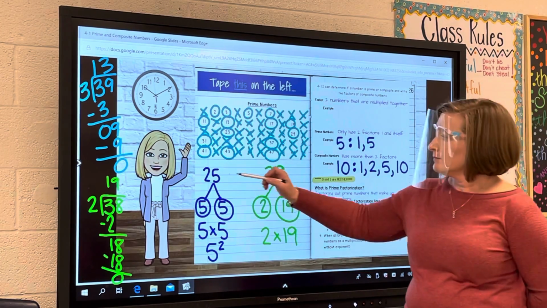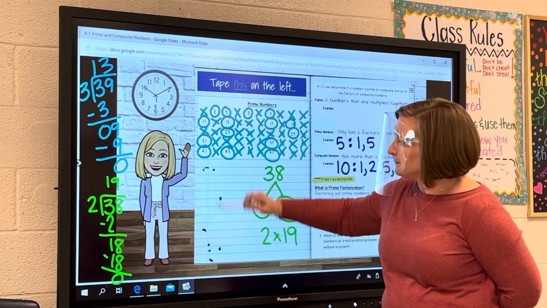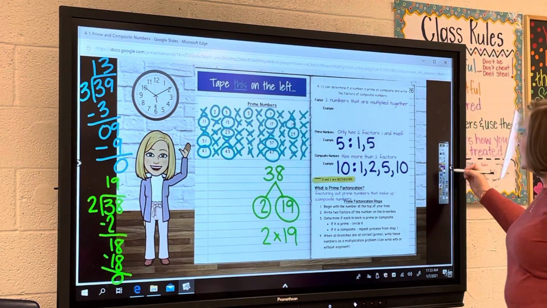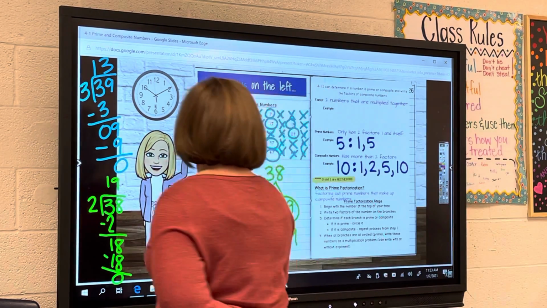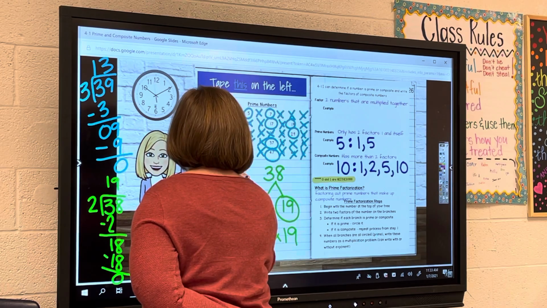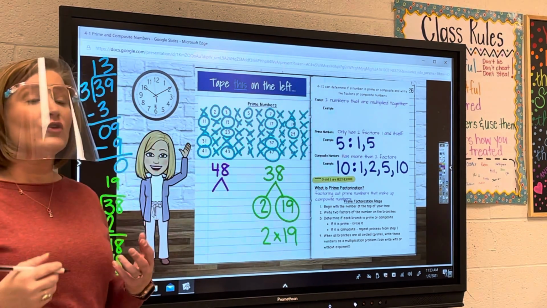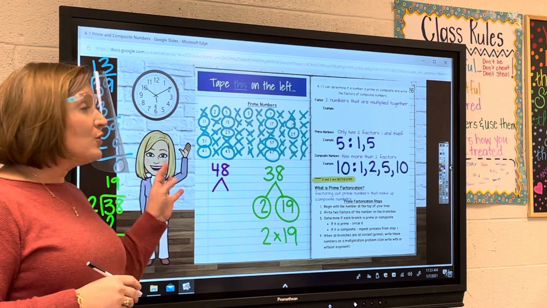How about 7? Nope, that's prime. It's got to be composite. 46. Let's do 48. So I want you to put 48 at the top. Now, there are several different things that you can multiply to get 48. You can do it however you want.